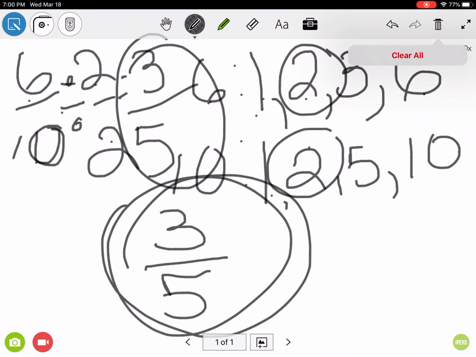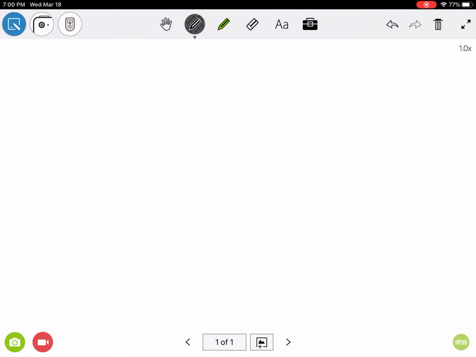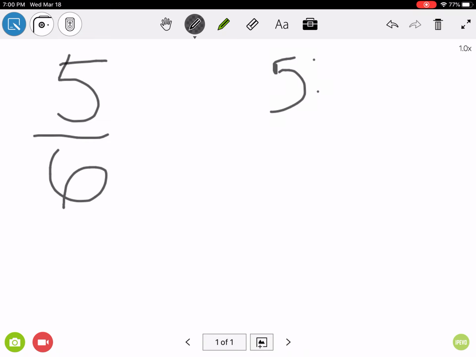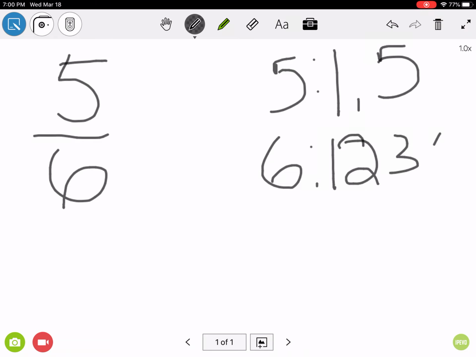All right, let me erase that. Now I'm going to do number 3. Okay, so 5/6. Now I'm going to do the prime factorization of 5 and of 6. 1, 5. 1, 2, 3, 6. So what do they have in common? 1.